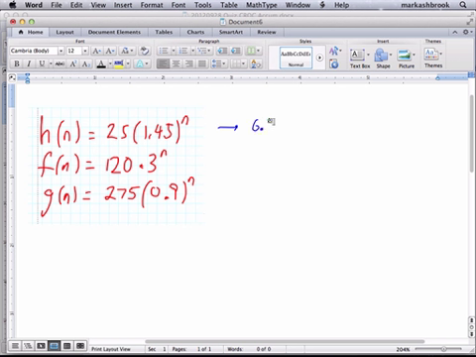Even though some of these are easy, it's a really good idea to practice rewriting your growth factor as 1 plus something. It's a good habit to get into, so you can easily see your percent increase. 45%. The 1 represents keeping what you had before, and this represents the 45% growth.